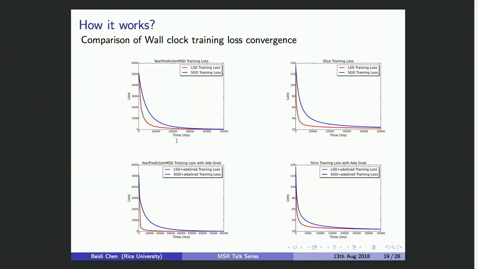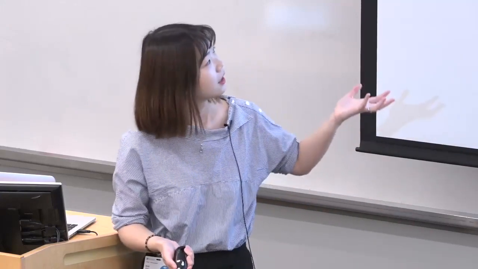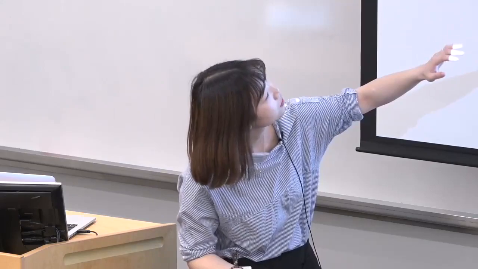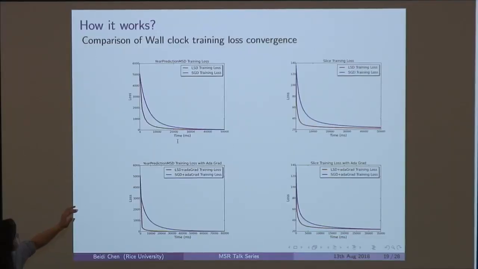And these are some experiment results for linear regression datasets. It's called year prediction, and that's costlier. It's a UCI dataset. You can see on the top, it's for the plain SGD and our algorithm.